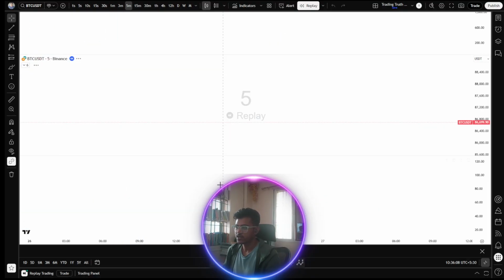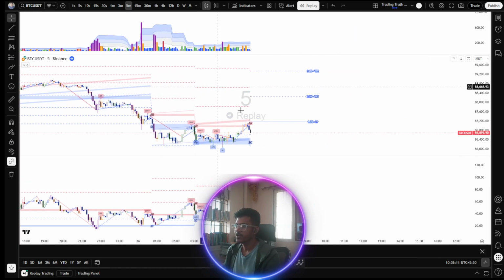I'll do the replay from here, and notice how the market reacts when it comes to those trend lines. Those trend lines I call energy lines. If it is ascending, that means it's a buying energy line, a demand energy line. When it's downtrending, that's your supply energy line. I'll play the replay feature and then you will see.